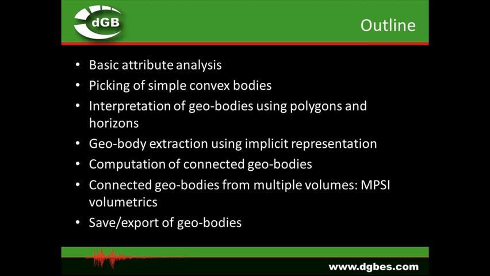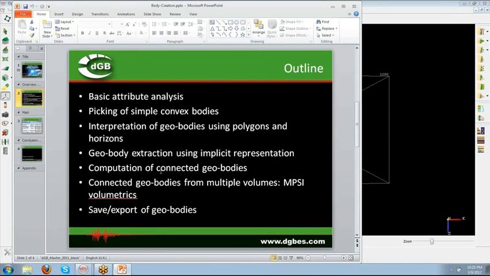And finally, the last kind of geobodies we'll see today is coming from interconnected amplitude bodies from multiple volumes, from multiple realizations using the MPSI volumetrics. Finally, I'll conclude this webinar by showing you how you can save and export geobodies outside OpendTect. The format of the webinar will be pretty much a live demonstration of these capabilities in the OpendTect software.